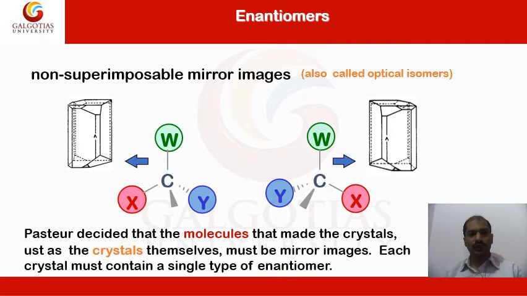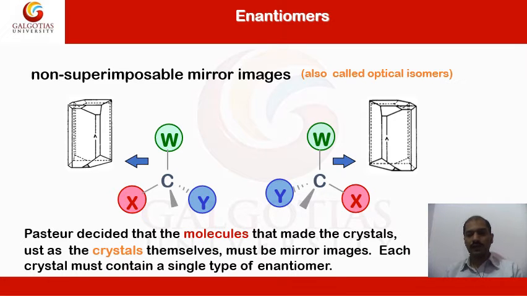Coming to another example, here you can see the carbon has four different groups. One group could be a hydrogen, it could be some other group. Here X, Y and W represent different atoms or different groups.